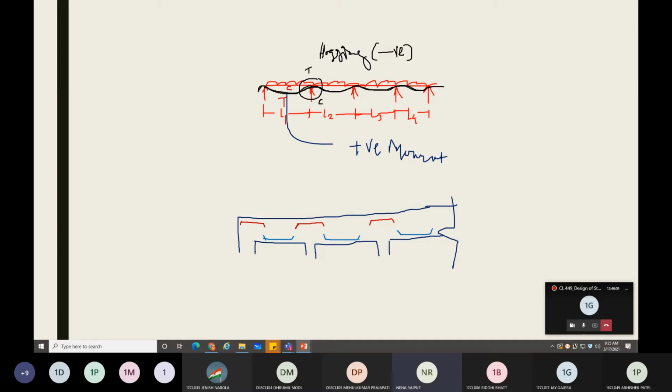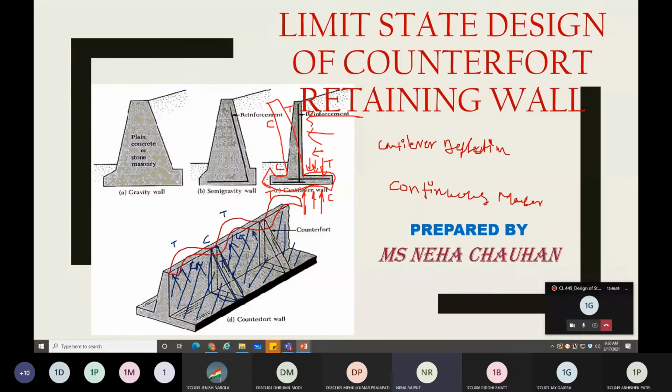So here the bar will not be like this, here the minimum will continue, whatever bars remain after curtailment will continue throughout the length. But the region here has the full amount of tension reinforcement, for the mid span and for the support. So the same is applicable over here also.